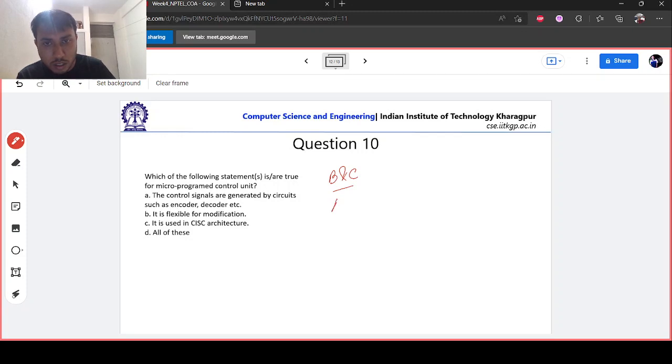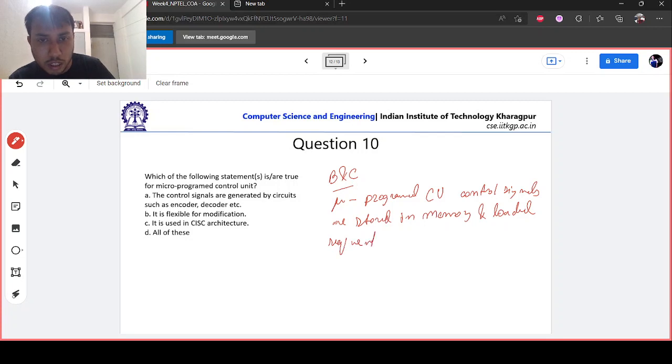So in a microprogrammed CU, control signals are stored in memory and loaded sequentially based on instruction.